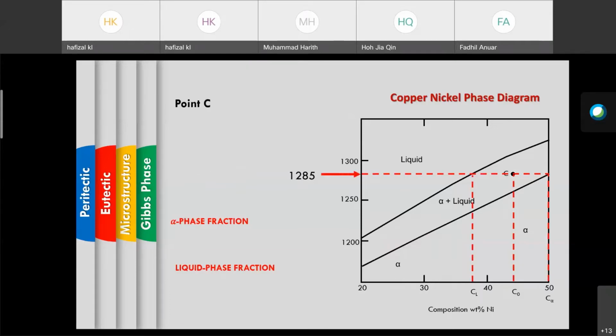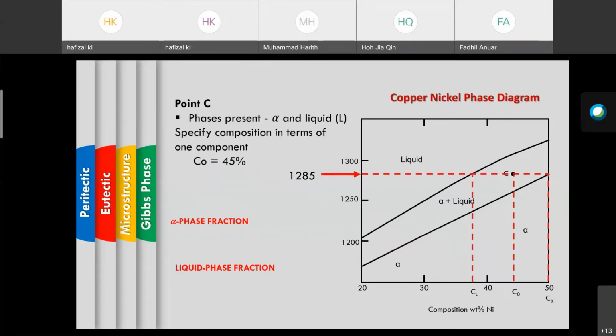At point C, we have C alpha 50%, CO 45%, and CL 37%. So to get the percentage of alpha phase, we get the value of 38%, and the liquid phase, we get the value of 62%.